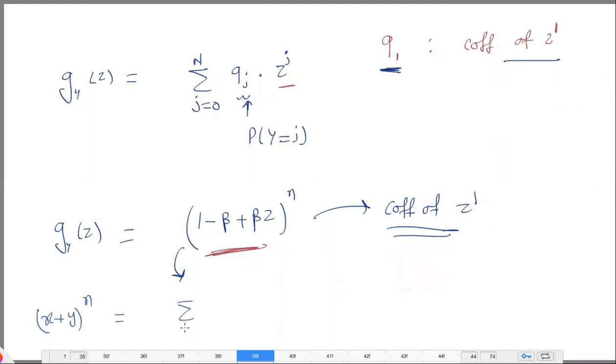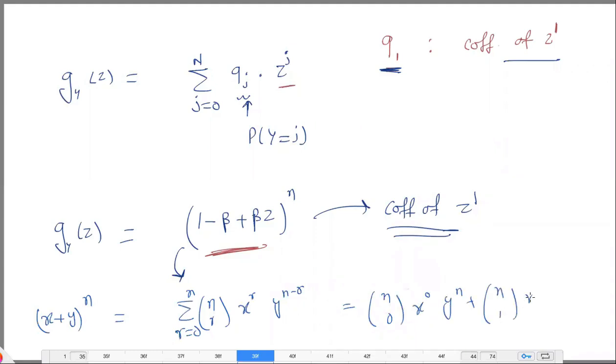Then this is NCR x power r, right? Which means this is NC0 x power 0 y power n plus NC1 x power 1 y power n minus 1, like that, till NCN.